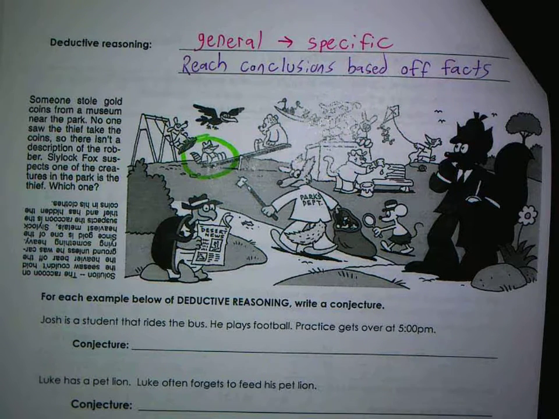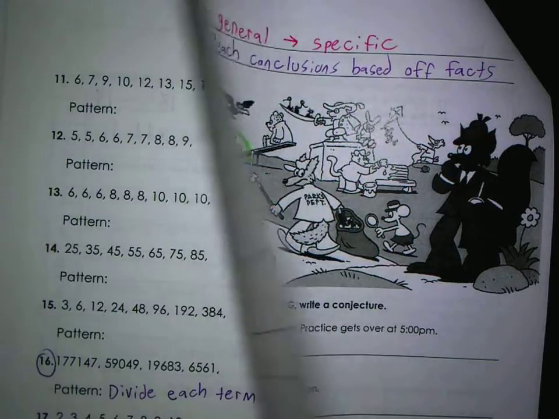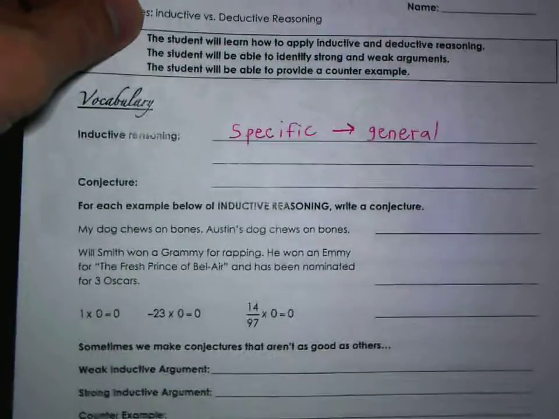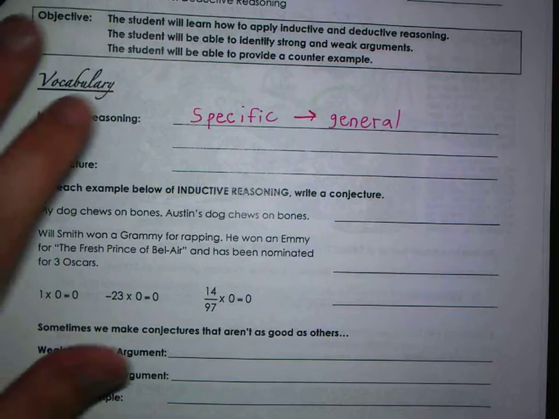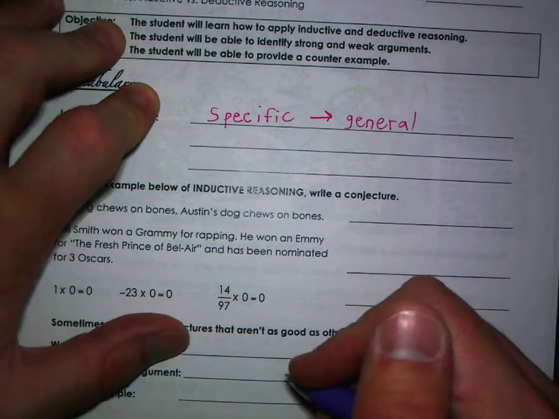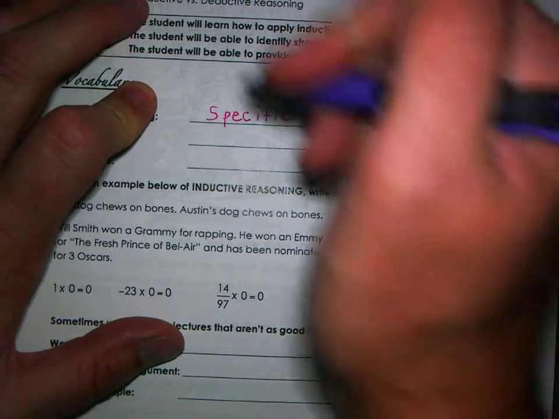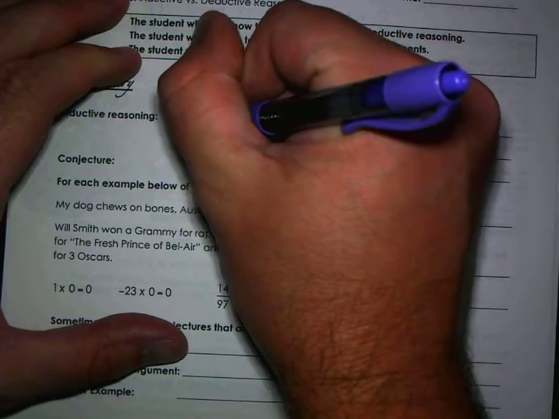So this is an example of deductive reasoning, going to something more specific. Inductive reasoning is going from specific to general, and it's more so reaching a conclusion based on a pattern.